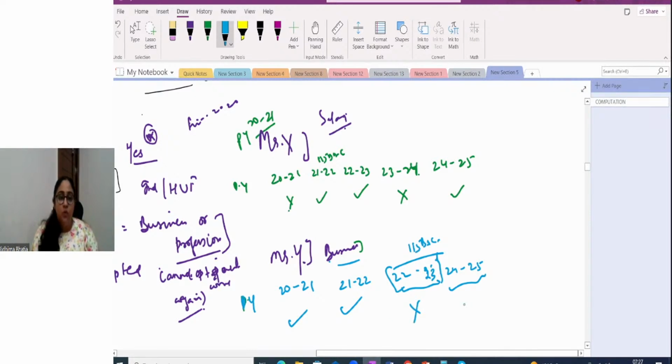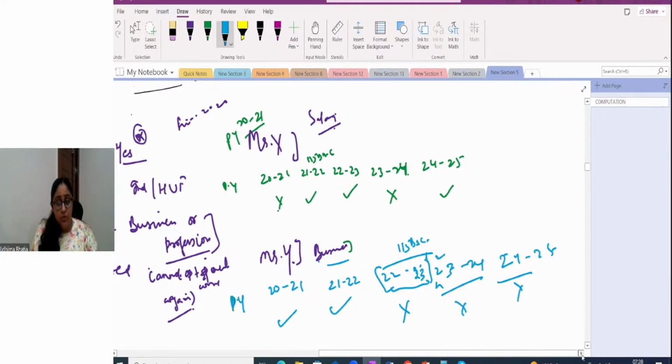Once opted out, he will not be allowed the benefit in the subsequent years. So now if he wants to come back in 23-24 or 24-25, he cannot.